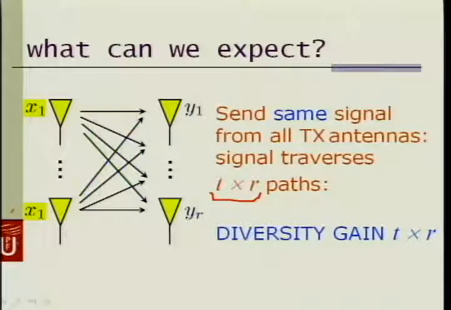And this is called diversity, and the diversity generates a diversity gain that is proportional to T times R, because we get the same information through a number of independent paths. And we can take advantage of this independence by using maximum ratio combining, if you're familiar with it, or any kind of combining, in order to improve our performance. We have a diversity gain T times R. So that's the one limiting case.